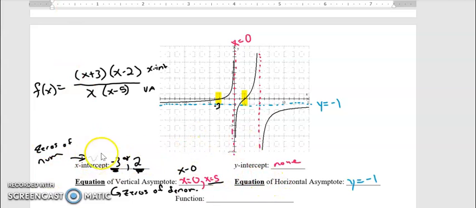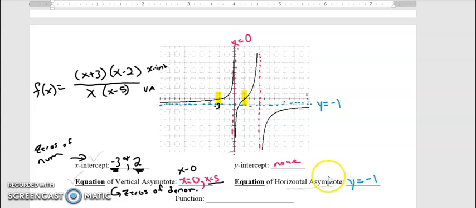Okay, so we've dealt with the intercepts, or x-intercept anyway. We've dealt with the vertical asymptote. Okay, how about horizontal asymptote? So horizontal asymptote has to do with the degree of the numerator and the denominator.